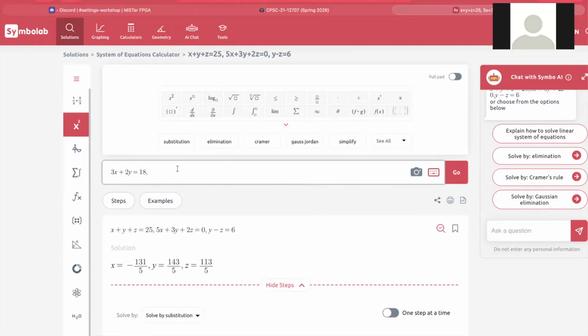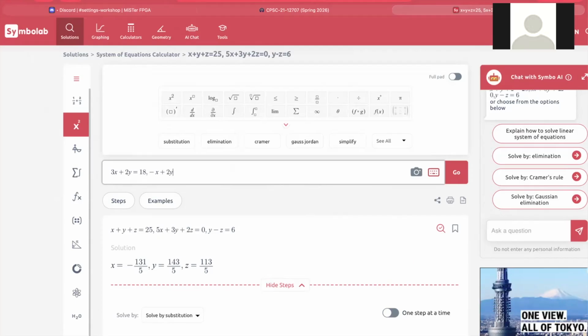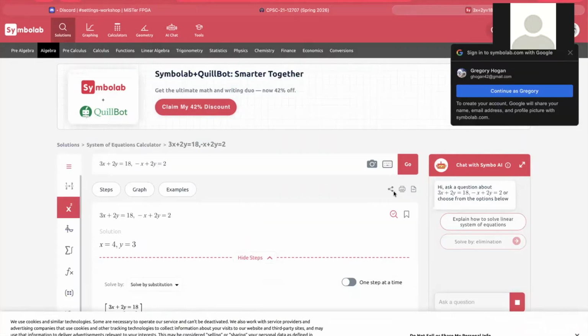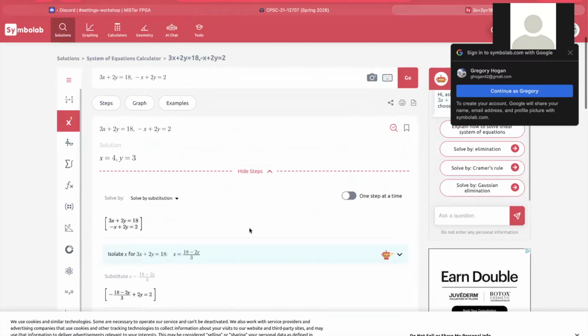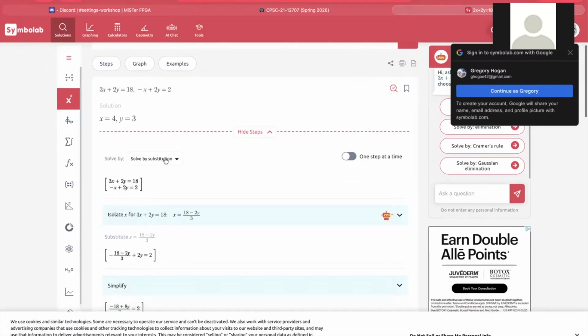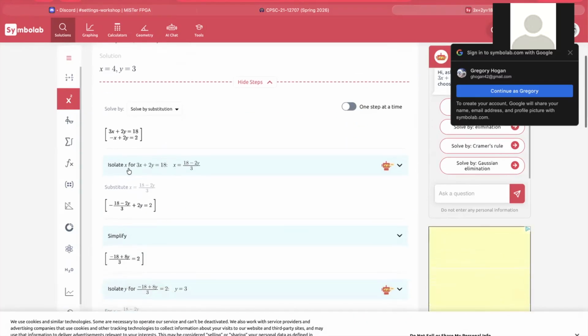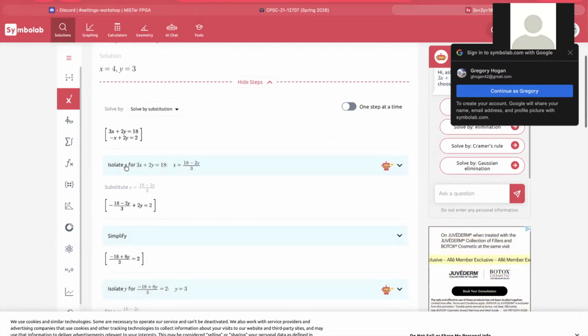Negative x plus 2y equals 2. Didn't type it in successfully. Negative x plus 2y equals 2. And then I should be able to say go, and it should tell me the answer, and it shows us how to do it, right? So you can solve by substitution, and it'll give you directions, right?